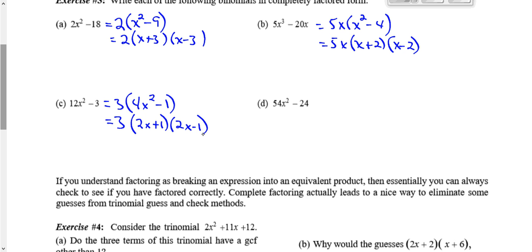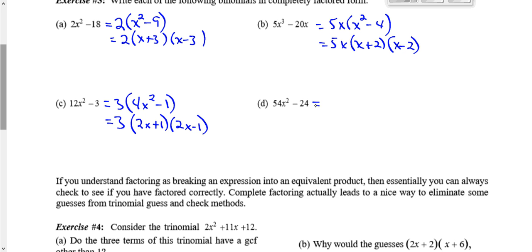All right, one more here. Now the GCF. Mason, what's the GCF there in D? Can't get a 12 out of 60 or 54. No, not 8. Can't get 8 out of both of those. 6.